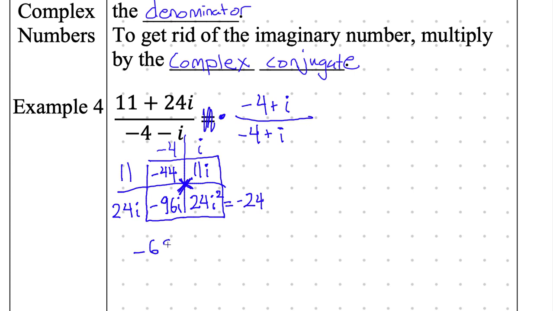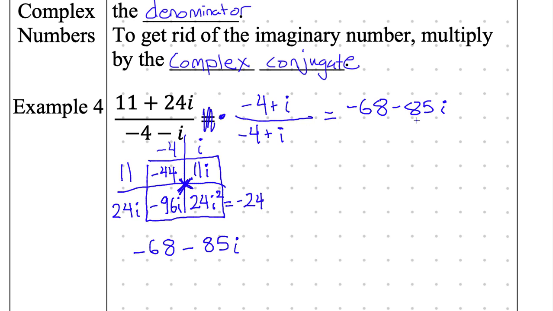Negative 68. Negative 85. All right, there it is. So the area model tells us that the numerator, when I multiply 11 plus 24i times negative 4 plus i, will equal now James's negative 68 minus 85i.